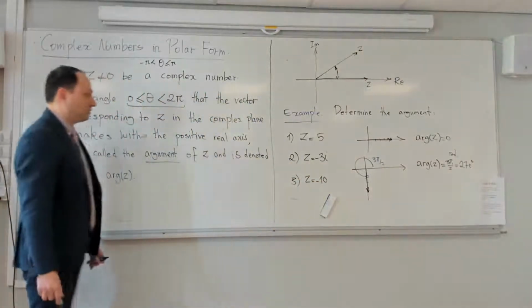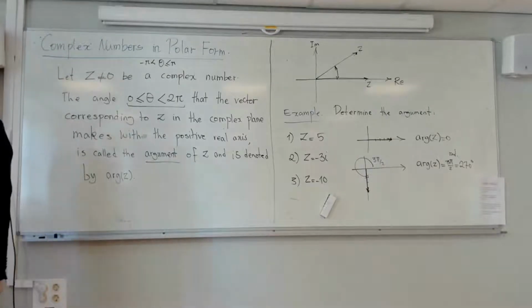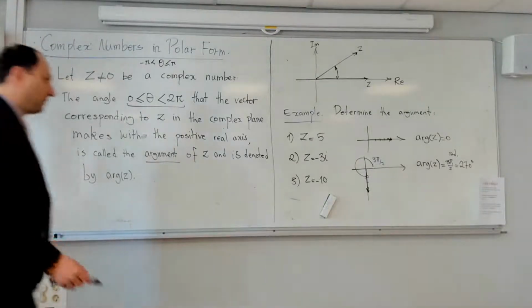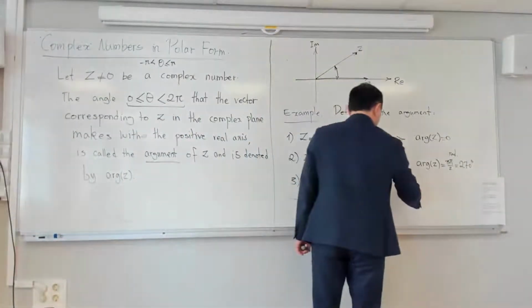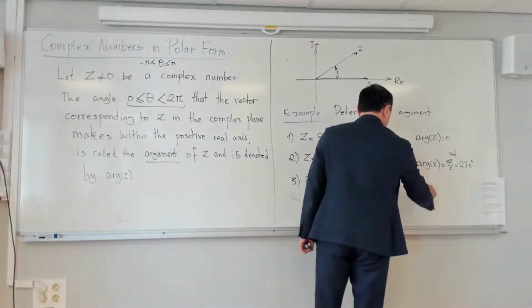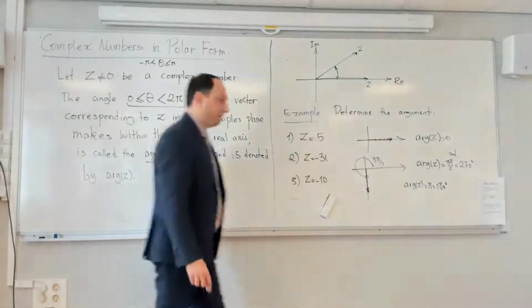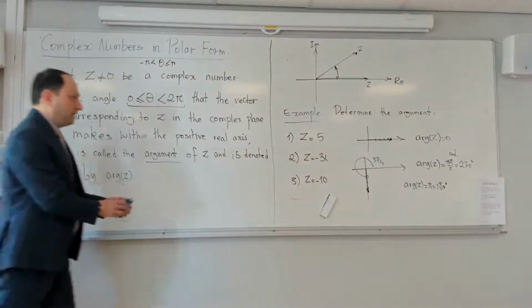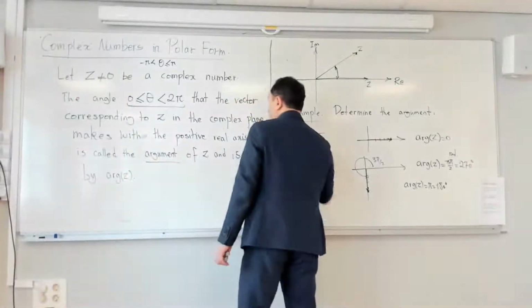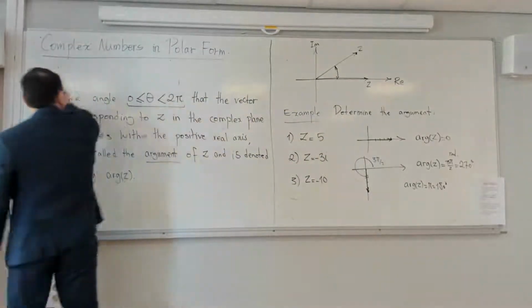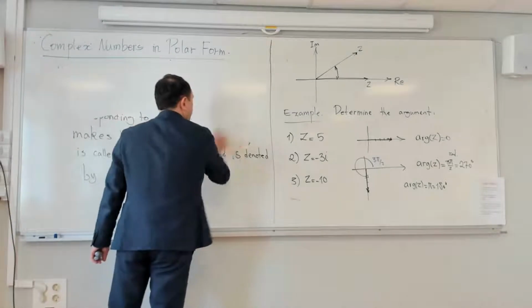Just imagine it in your head. What is this one? Yes? Pi. It's pi. Is that understandable? So if you don't understand, please let me know. So the argument here is pi or 180 degrees. Agree? Okay, but let us make it a little bit more complicated. So what happens if I have this, for example?